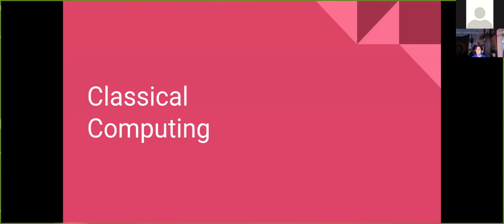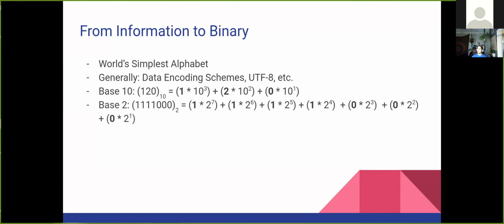Before we talk about quantum computing, it's imperative that we talk about classical computing, or digital computing, because quantum computing has been built in response to the needs and the lack of ability displayed in classical computing architectures. So, binary is the world's simplest alphabet.